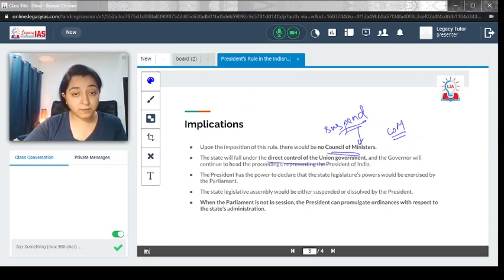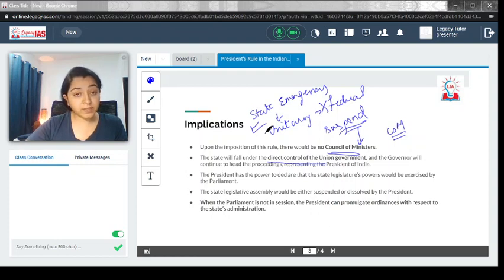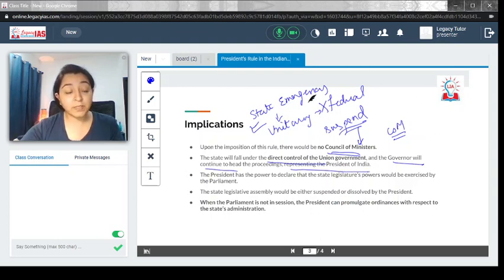So the state emergency, constitutional emergency, or President's Rule will tilt the system towards more unitary instead of federal. It will not remain federal, it will become more unitary in nature whenever there is a state emergency imposition. And the governor will continue to head the proceedings, representing the President of India. So how does President's Rule generally work?